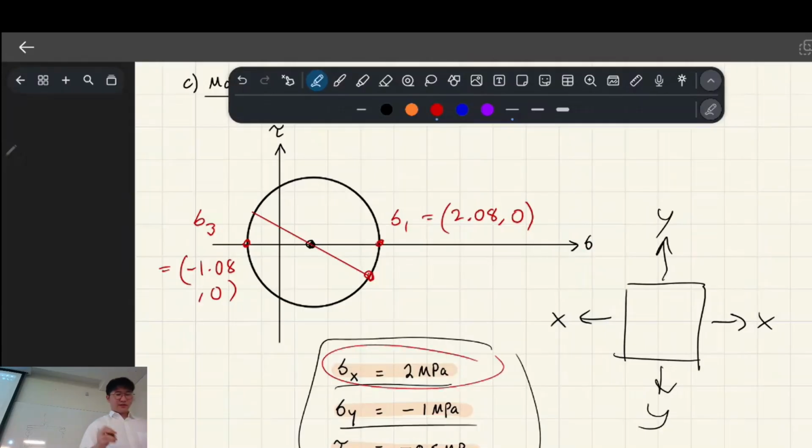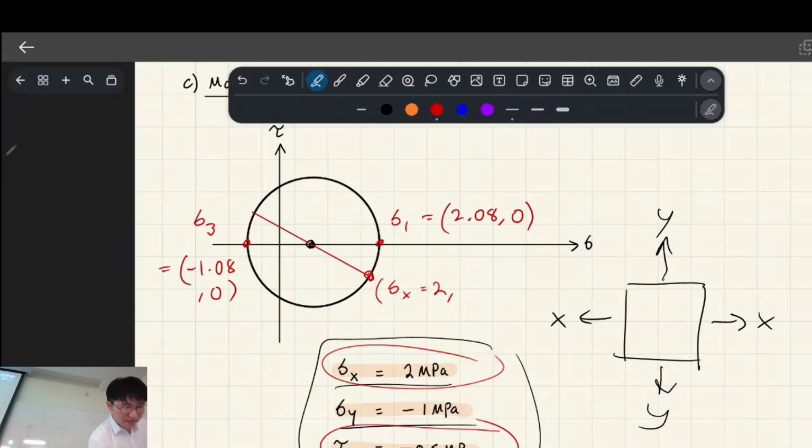And we know that x is in the positive, so this is the 0 value, and then x is somewhere to the right of 0. So let's just plot it here. It's just under 2.08, which is our principal stress. But how do I know that it's lower?